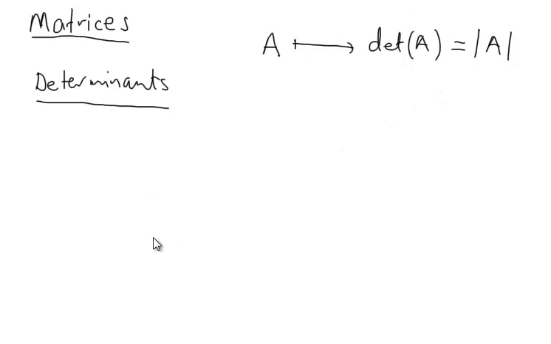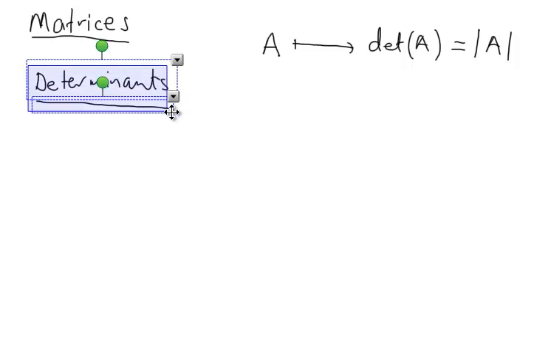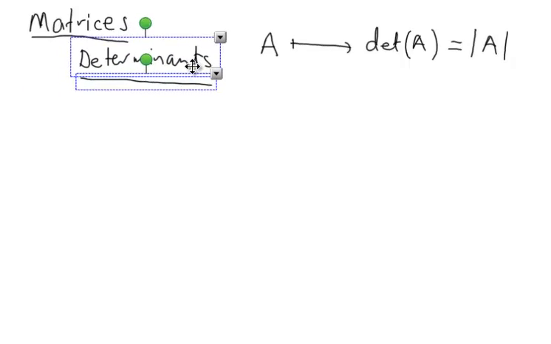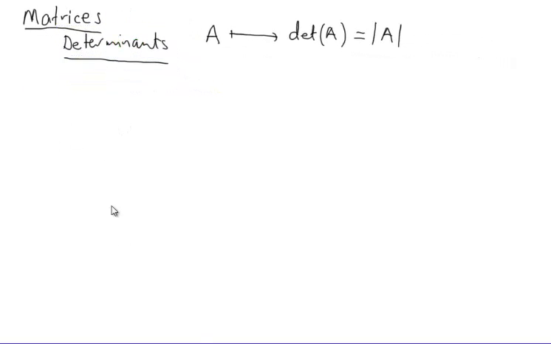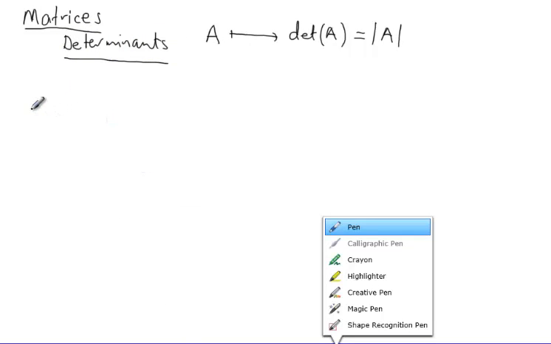We're talking there about the determinant. Now let's talk about the 3 by 3 matrix.